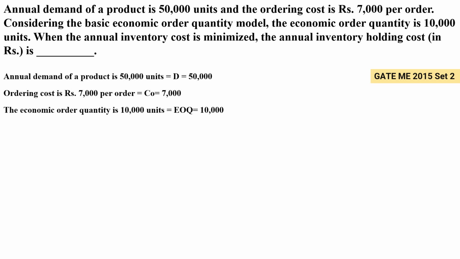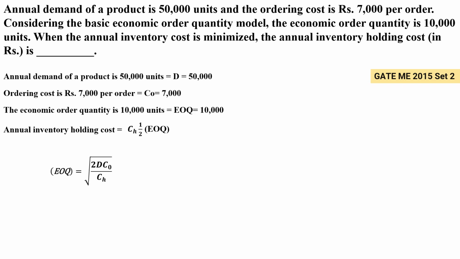When the annual inventory cost is minimized, what is the annual inventory holding cost? So how to determine the annual inventory holding cost? We have to determine it, which is equal to CH into 1 by 2 into EOQ. So we know the formula EOQ equal to root of 2D C0 by CH.